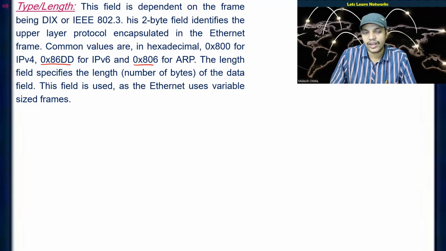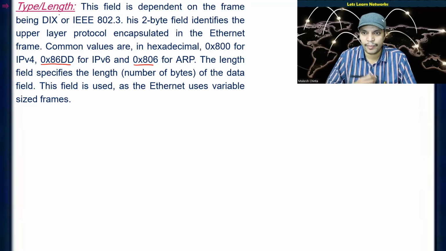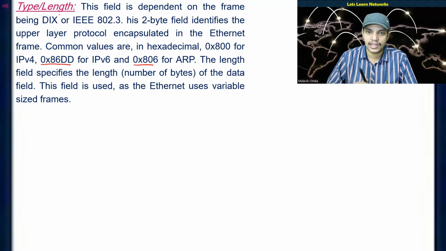If you are talking about the length field, in case of the IEEE 802.3 format, it specifies the length of the data field. What is the length of the data field in bytes is given in the length field. Now you might ask me, what is the requirement of the length field? Why should I bother about the length of the data? Because Ethernet uses variable sized frames.